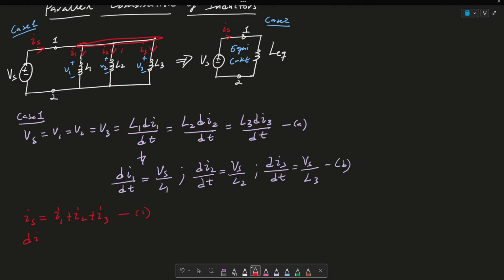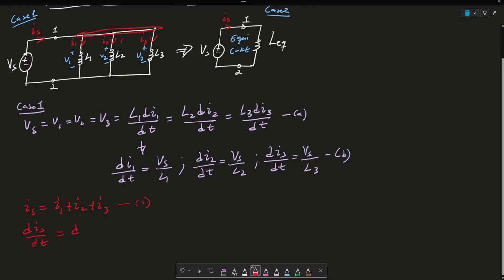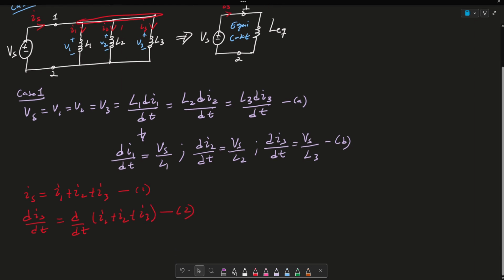If I take the derivative of Is over dt, this is simply d over dt of I1 plus I2 plus I3. Let me call this equation 2. And last but not least, I can write dis over dt as di1 over dt plus di2 over dt plus di3 over dt. And I can call that equation 3.